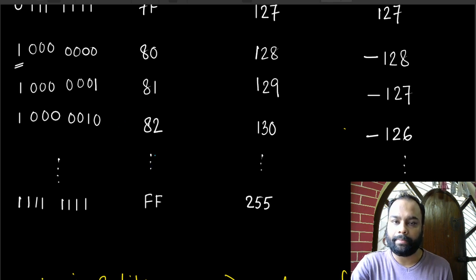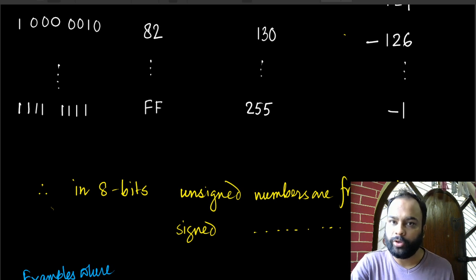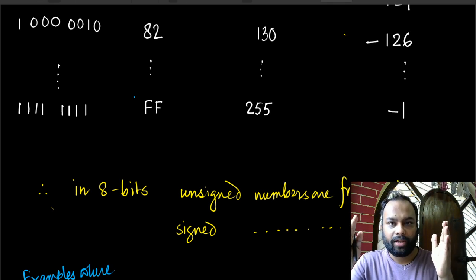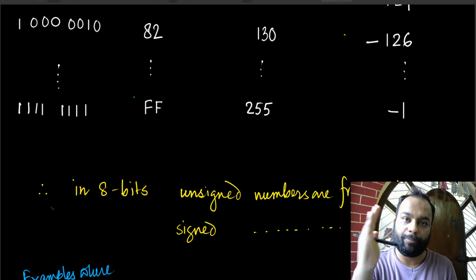But whether you treat this FF as 255 or -1 is entirely up to you. As far as the computer is concerned, FF is nothing but 255, but whether it's going to be -1 or 255, that's entirely up to you.